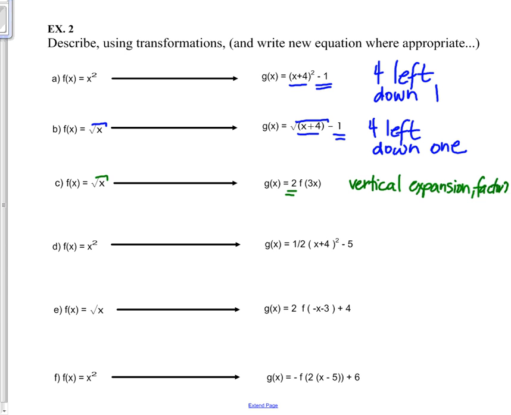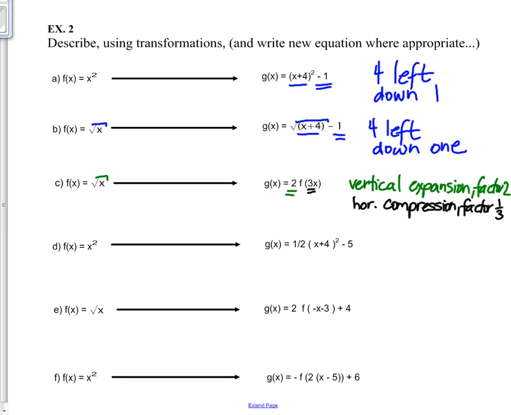So I grab my old function and pull it up twice as fast. And the 3 is within the function. It is a horizontal. I have to decide whether it's an expansion or a compression. It's a compression because it's larger than 1. Horizontal compression, factor 1/3.